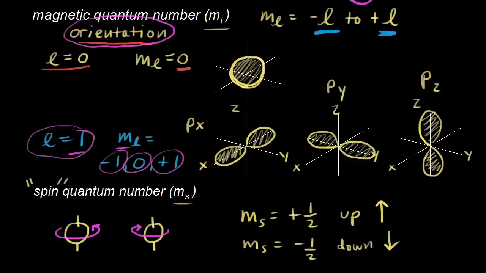Again, electrons aren't really spinning in a physical sense like this, but if you think about two possible ways for an electron to spin, then you get these two possible spin quantum numbers, positive 1/2 or negative 1/2. So those are the four quantum numbers, and we're going to use those to think about electrons in orbitals.